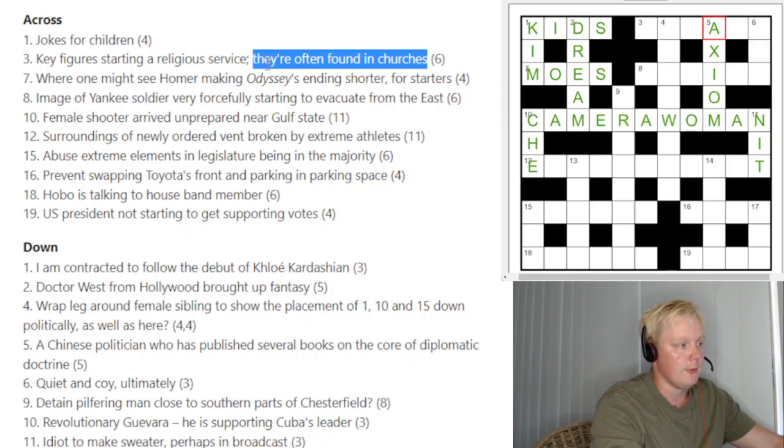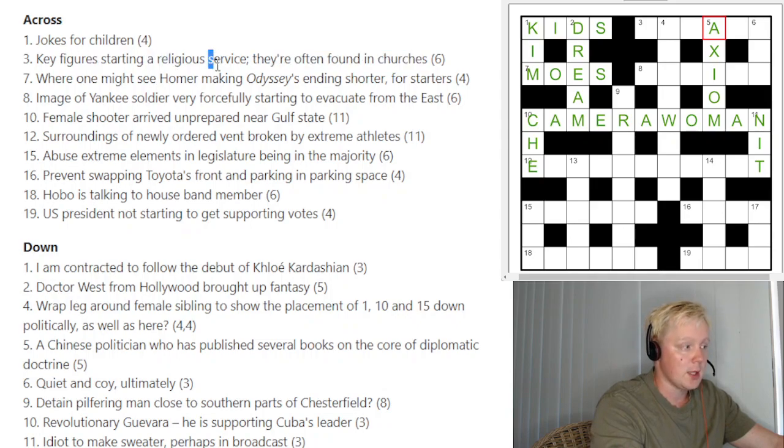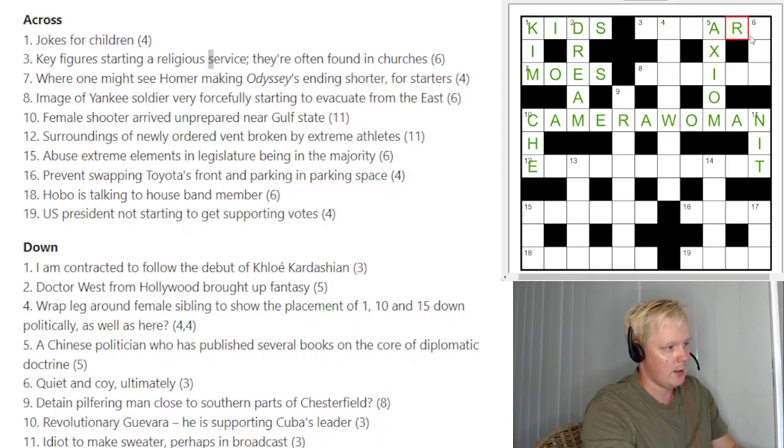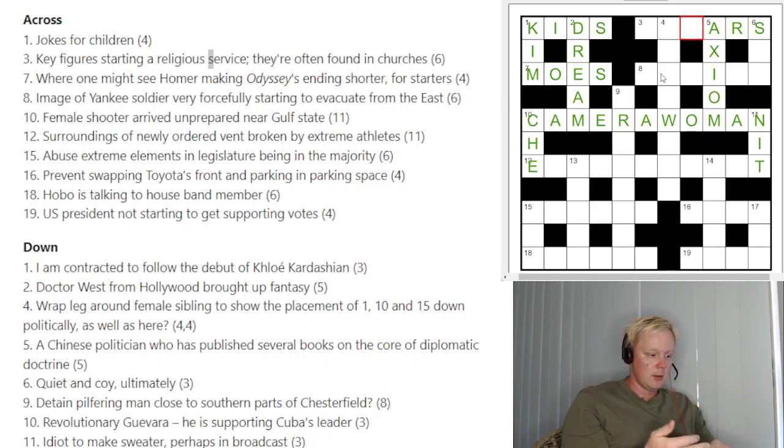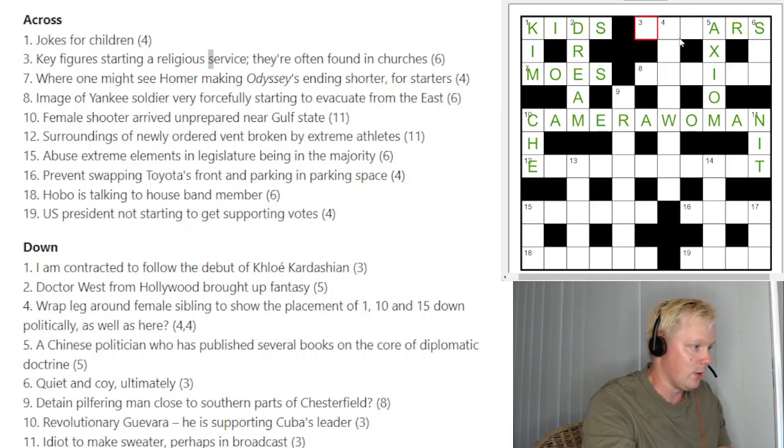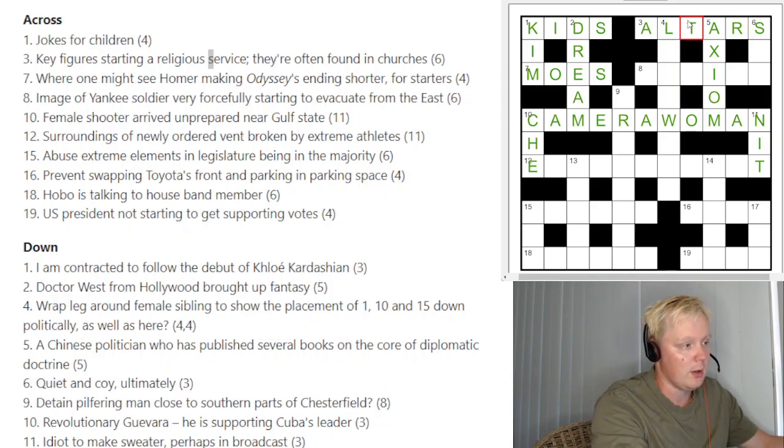It's not often found in churches, it's they're found in churches. So we're going to need a plural. And these ARS end with an S. So it could be that we need a 3-letter key and then ARS. Well, key can be several different things in 3 letters. If you look at your keyboard, you have Tab, Alt, Del, and End, at least. ESC also as keys for 3 letters. Well, if you are looking for something that is found in churches, altars can be found in churches, so Alt here.